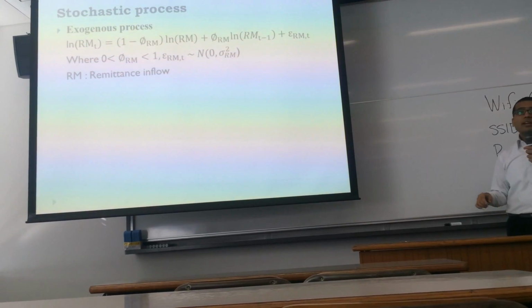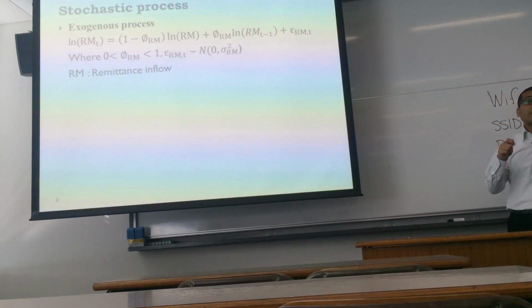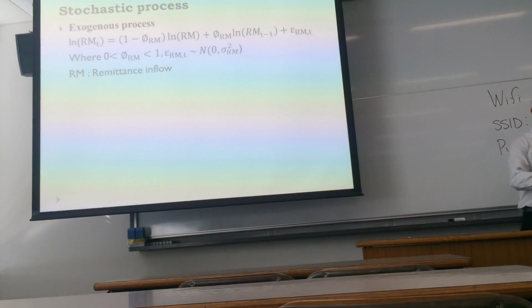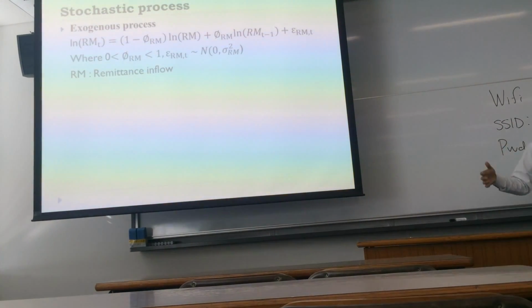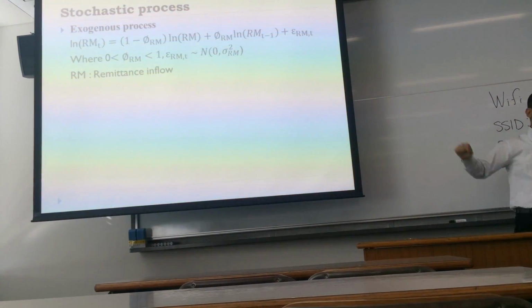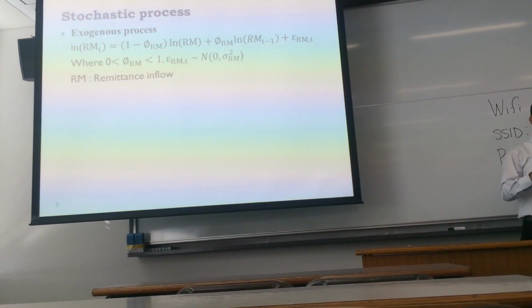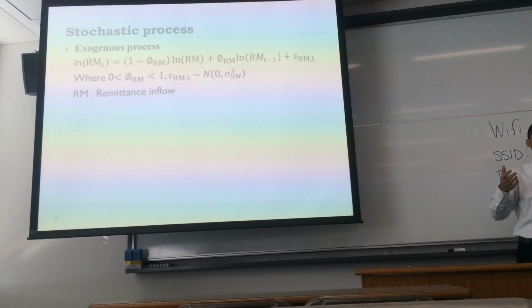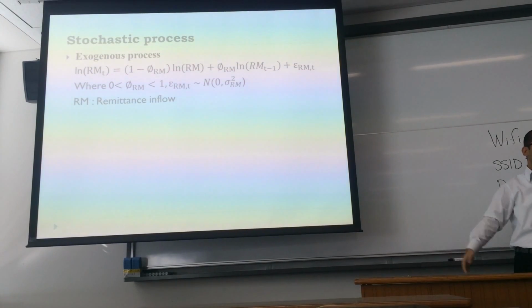So I define remittance as a stochastic process, which means people don't know; the shock happens suddenly. This is the equation which gives the response of the remittance. And phi Rm is the parameter for how long the shock persists in the economy.